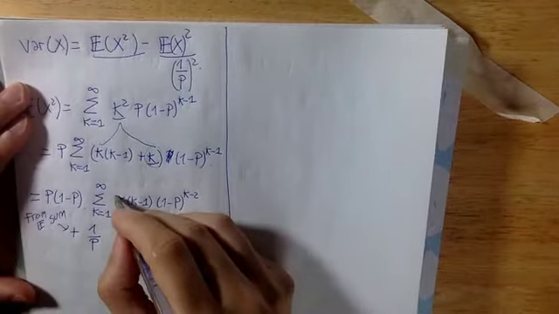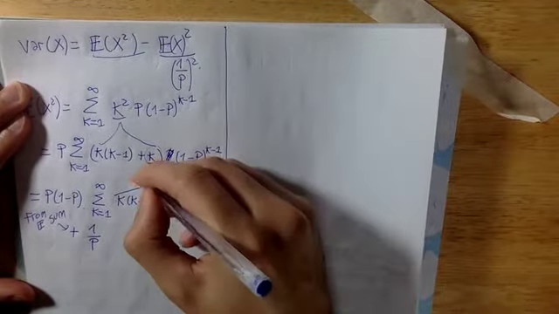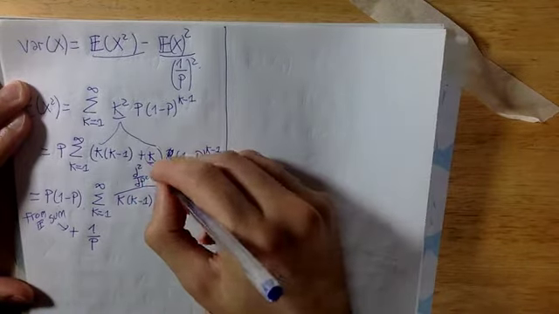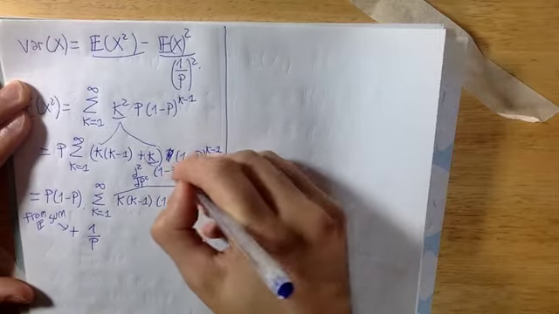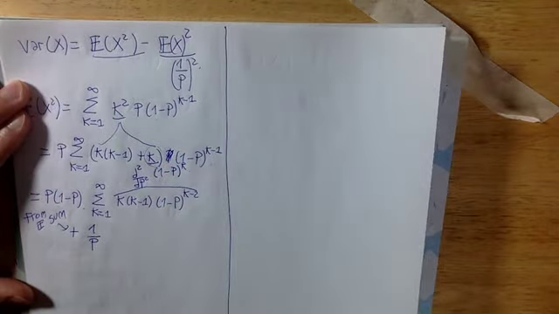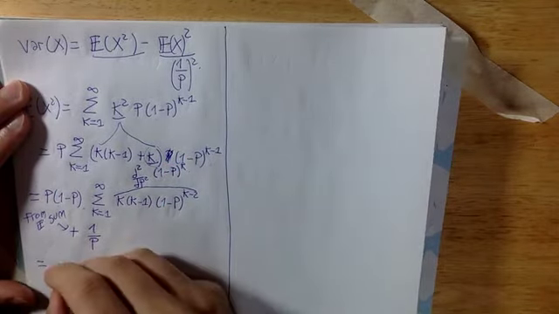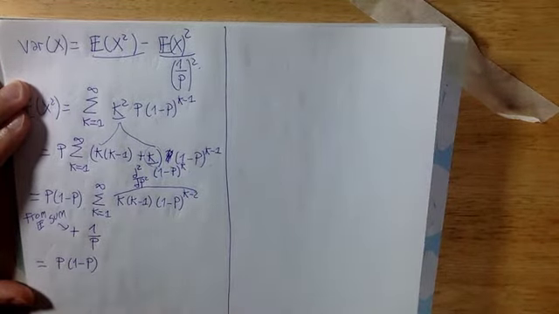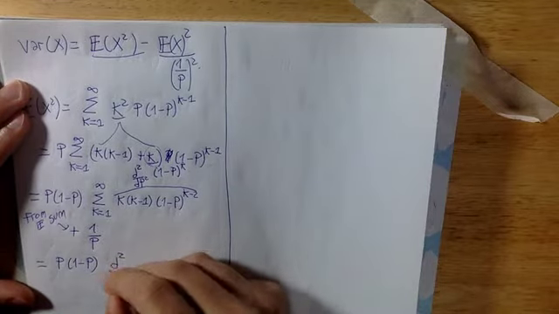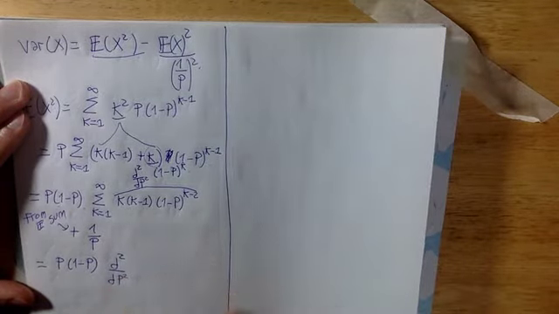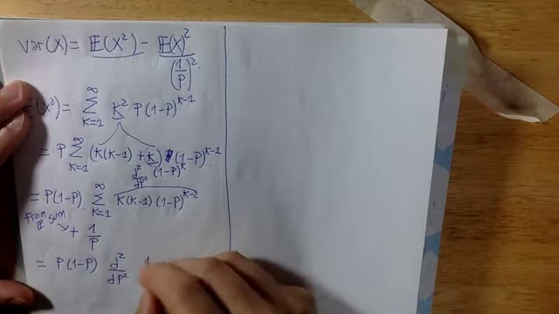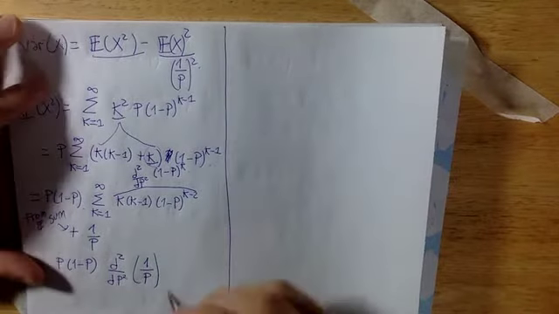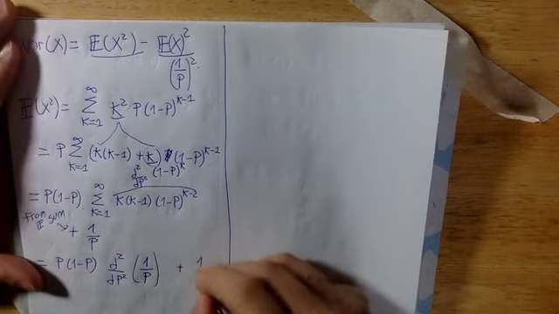But this guy here is the second derivative with respect to p of (1 minus p) to the k. Okay, so if you get this, doing the same computation as we did before, this is p times (1 minus p) times the second derivative with respect to p of 1 over p, plus 1 over p.